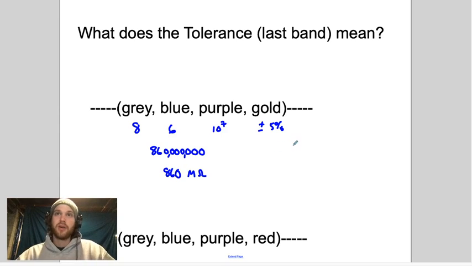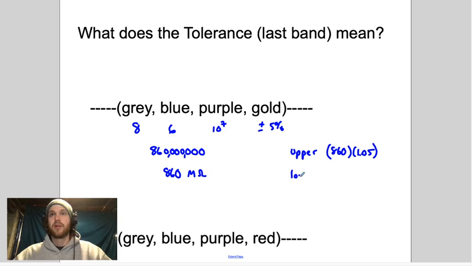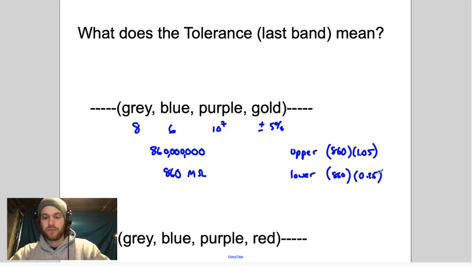So the upper bound, which is the higher resistance, you can find 5% using the is over of equation, or just do 860 times 1.05. That'll give you an additional 5%, so it could be a little bit higher than that. And our lower bound on the resistance is 860 times 0.95. That'll give you that, okay?